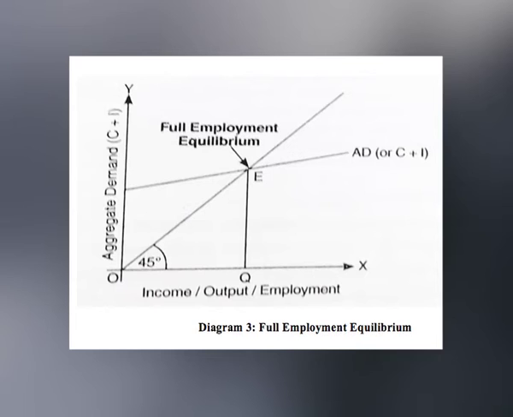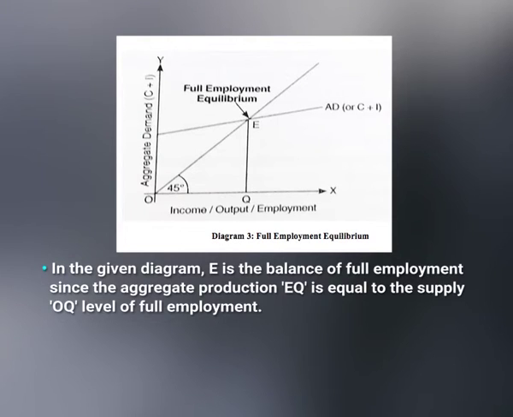Both the curves intersect at point E, which yields full employment equilibrium, because aggregate demand is equal to the full employment level of output at this point. The following propositions can be extracted from the above diagram. In the given diagram, E is the point of full employment equilibrium, since aggregate demand EQ is equal to supply at the OQ level of full employment.